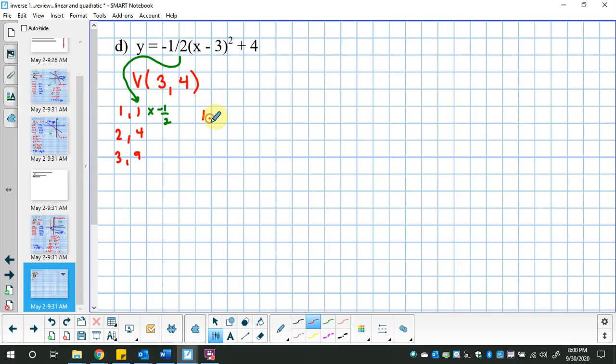So 1, 2, 3, 1 times -1/2 is -1/2. 4 times -1/2 is -2. 9 times -1/2 is -4.5, or -9/2. So let's see how good a job I can do graphing those points.